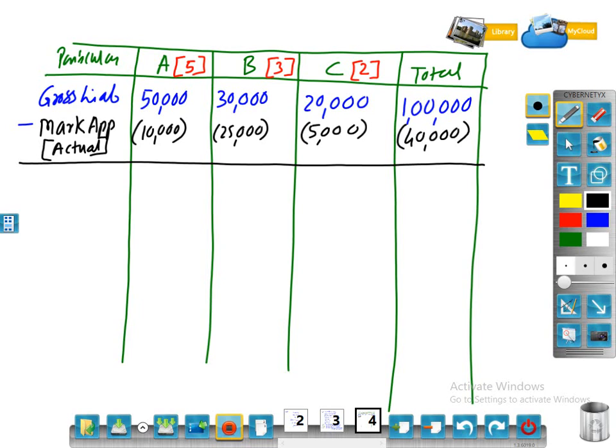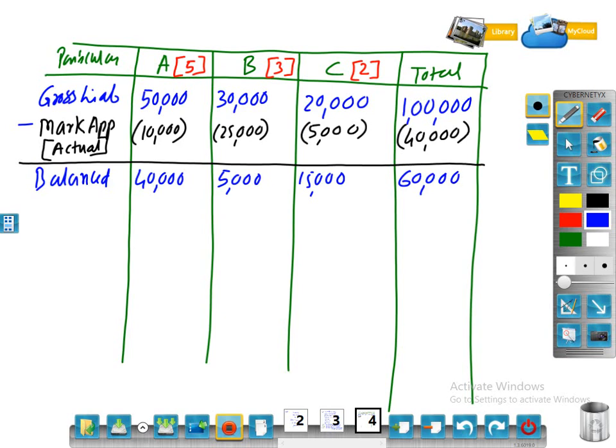You have to take a balance. 50,000 minus 10,000, 40,000; 5,000 and 15,000. Total 60.